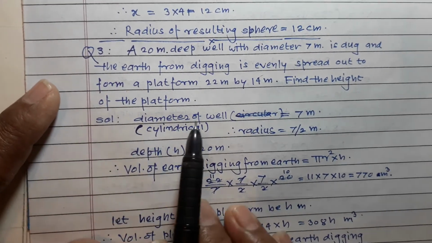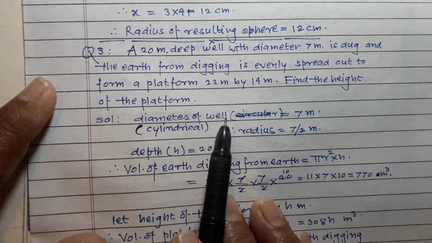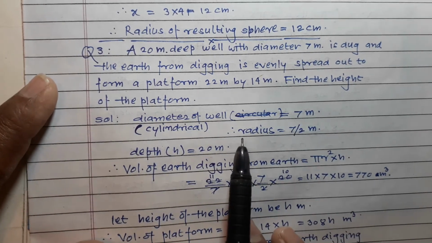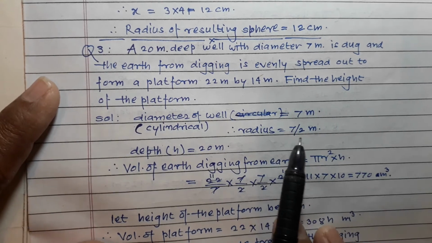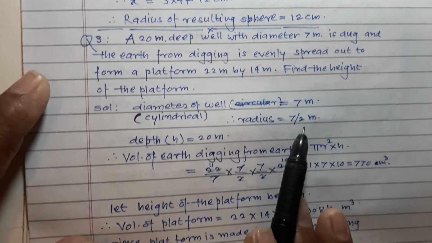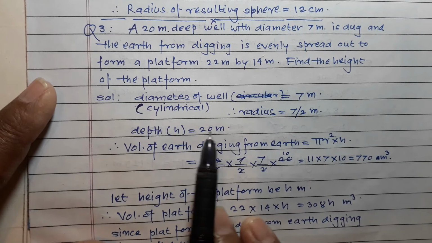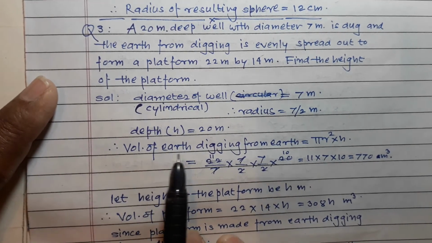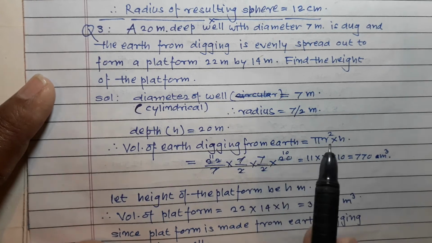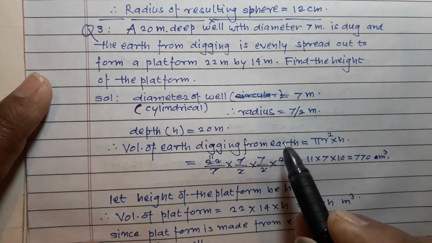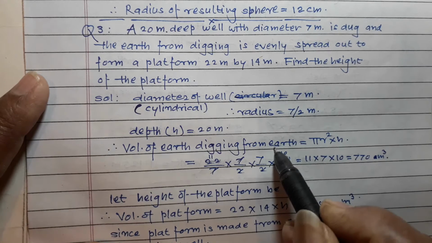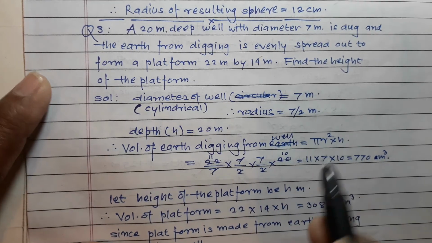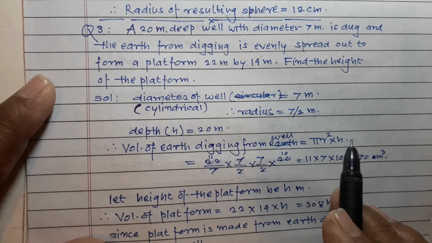Solution. Diameter of the well, that is cylindrical, is equal to 7 meter and hence radius is equal to 7 upon 2 meters. Depth, that is h, is equal to 20 meters and therefore the volume of earth dug from the well is equal to pi r square into h.